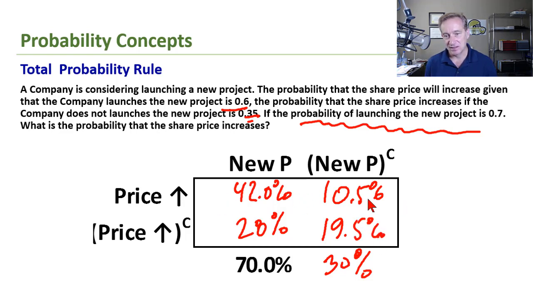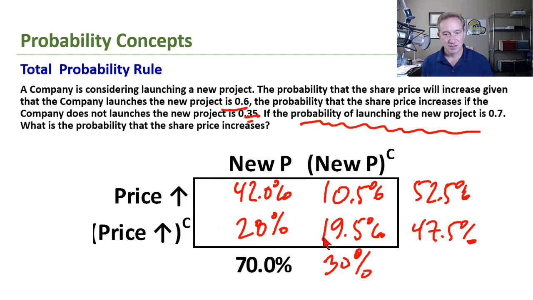And then going across here, adding these two joint probabilities gives me an unconditional or marginal probability of 52.5%. Adding these two gives me marginal probability 47.5%. So that's the probability matrix that captures the scenarios.